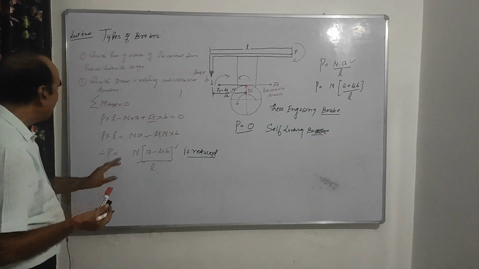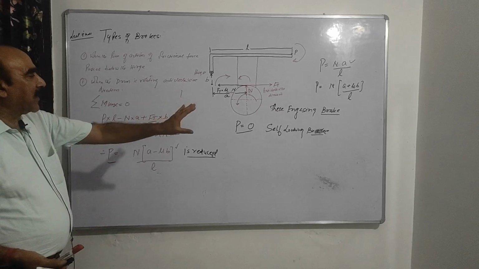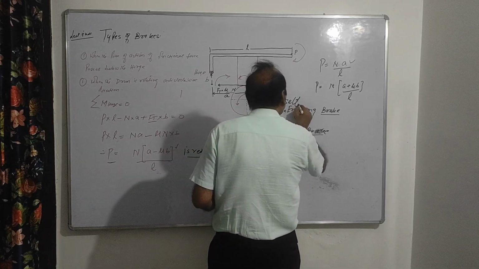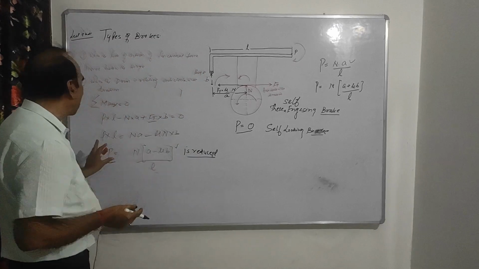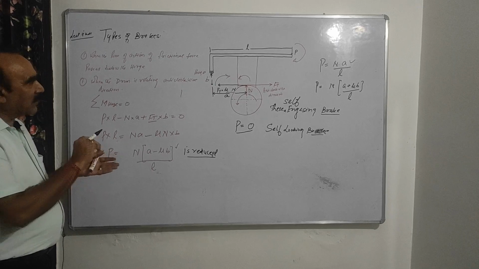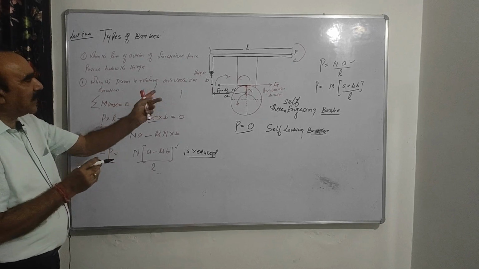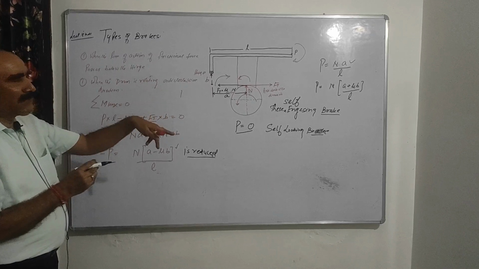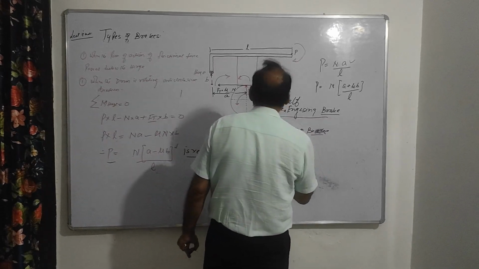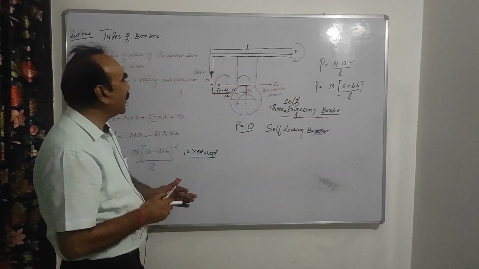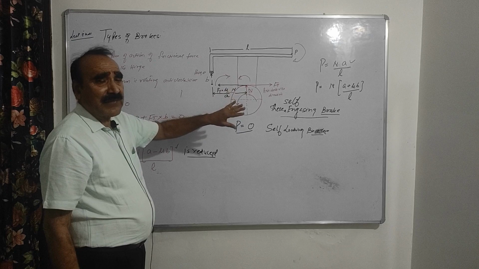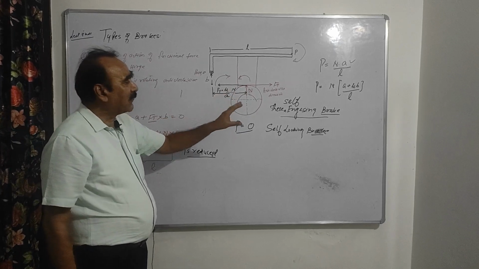Here in the case of a self-energizing brake, the value of P is reduced, so you have to apply less effort, because the movement of P and the movement of Ft are both acting in the same direction. So write this as one condition of self-energizing brakes: when the movement of P and the movement of Ft both are acting in the same direction, then the brakes are called self-energizing brakes.